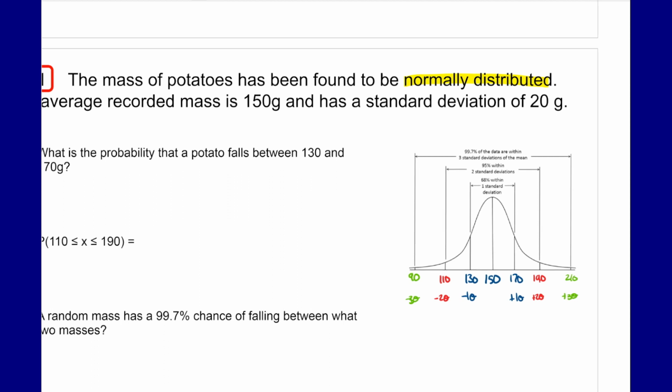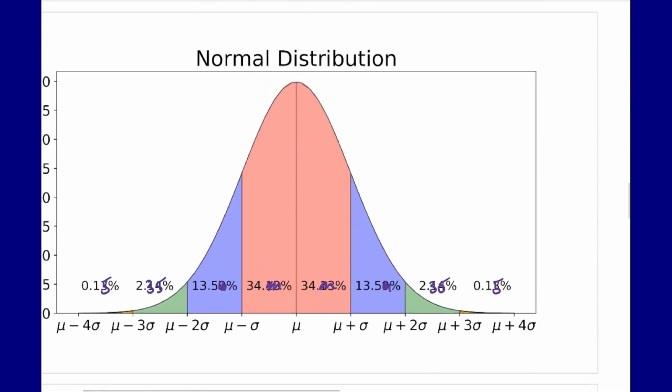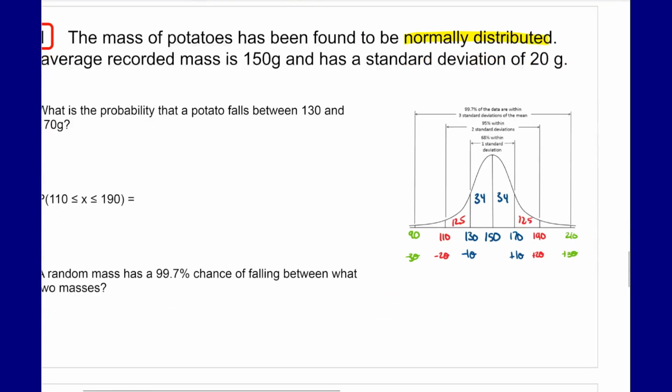When we're using the 68, 95, 99.7 rule, we're only really going to be focusing on variations of these, because we know again 34, 34, 13.5, 13.5, 2.35, 2.35, and then 0.15 and 0.15%.